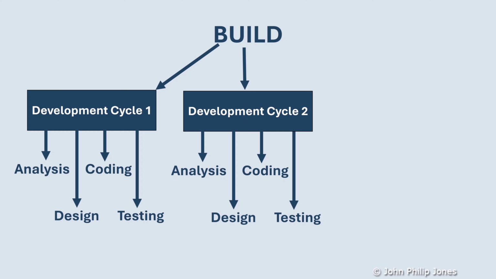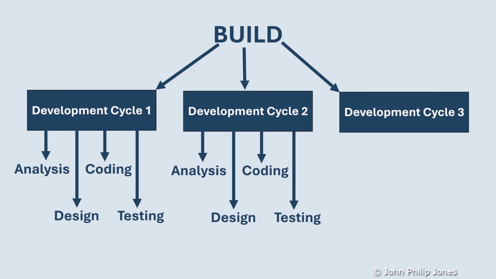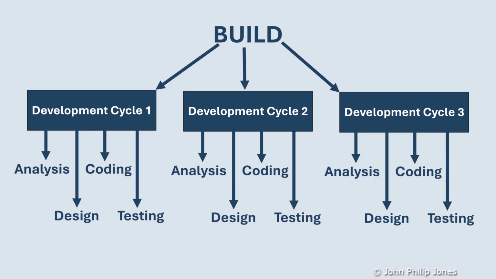and then you can move on to the development cycle 3, where you've got code that you can use during the analysis phase, during the requirements phase, where you can hopefully get more accurate requirements from the stakeholder, and you produce an updated analysis document, which you then pass on to the designers, who then produce an updated design document, which is passed on to the coders, and then you test.